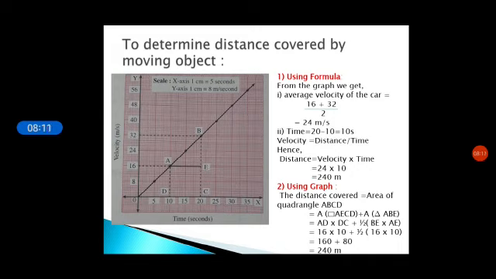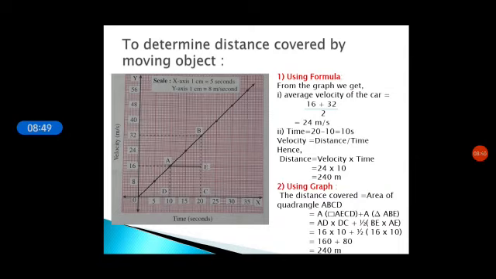Also the value of the distance covered can be found by finding the area of quadrangle ABCD. Here quadrangle ABCD is made of a rectangle and a triangle. Therefore the area of quadrangle ABCD is equal to the area of rectangle AECD plus the area of triangle ABE, which is equal to AD into DC plus half into (BE into AE).